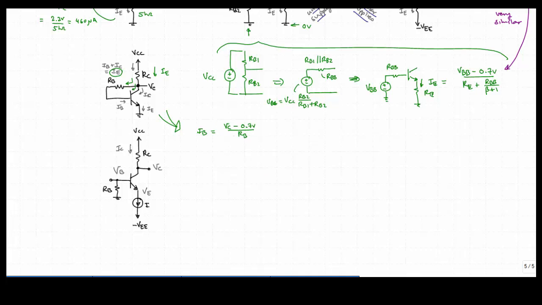Now VC is going to be equal to VCC minus whatever is dropped across RC. Now, if we want to solve for IE, we want to replace the base current with its emitter current equivalent. So the base current is equal to the emitter current divided by beta plus 1.